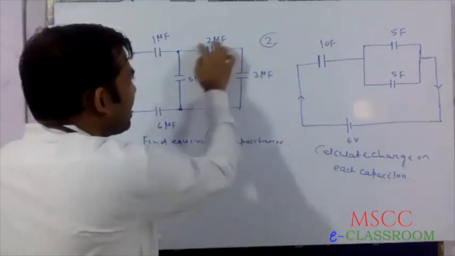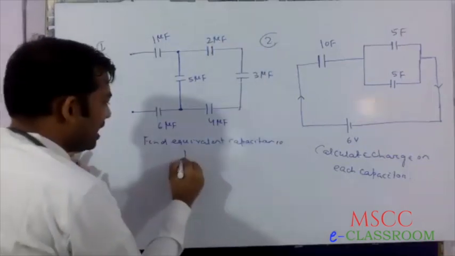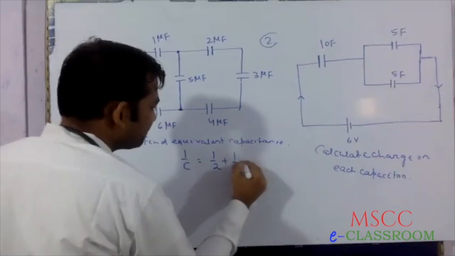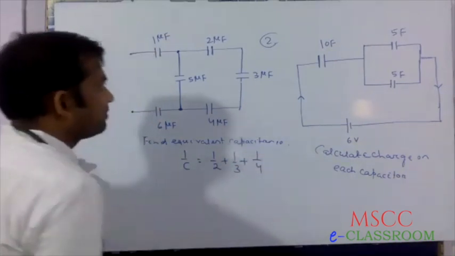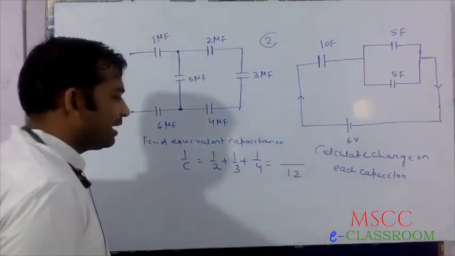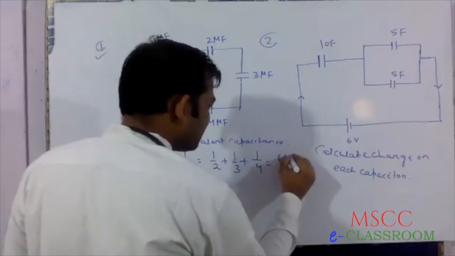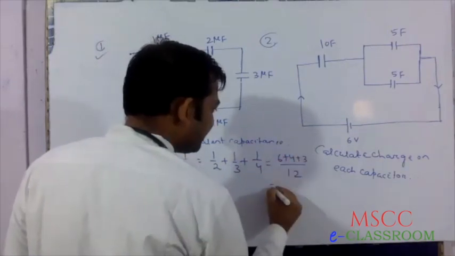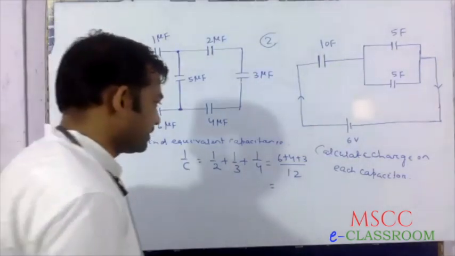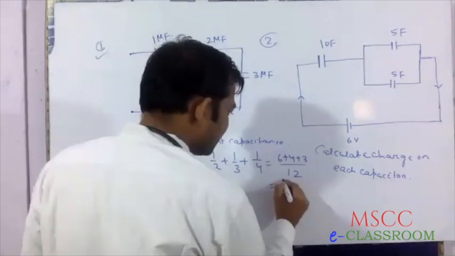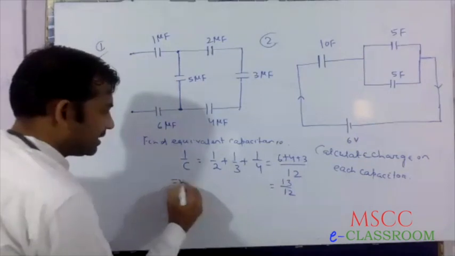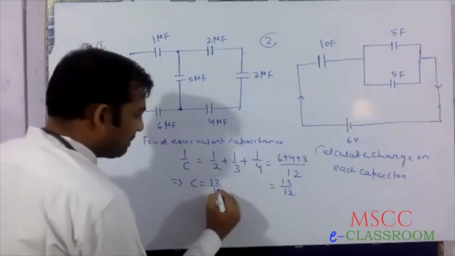Therefore, their equivalent capacitance: 1 by C equals, LCM 12, 6, 4, 3. That is 13 by 12. That implies C equals 12 by 13.